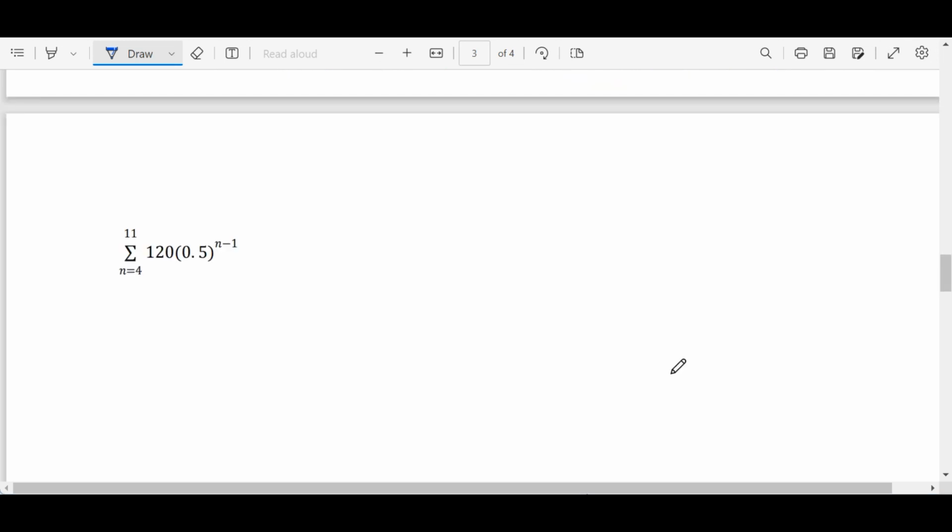And here we got a geometric sum with sequence notation. So our r in this case is 0.5, right? So when we go to use our formula, we're going to have that over that. Now, what is our n? Just like we did in arithmetic, we subtract and then add 1. So it's going to be 8 to the power of 8.